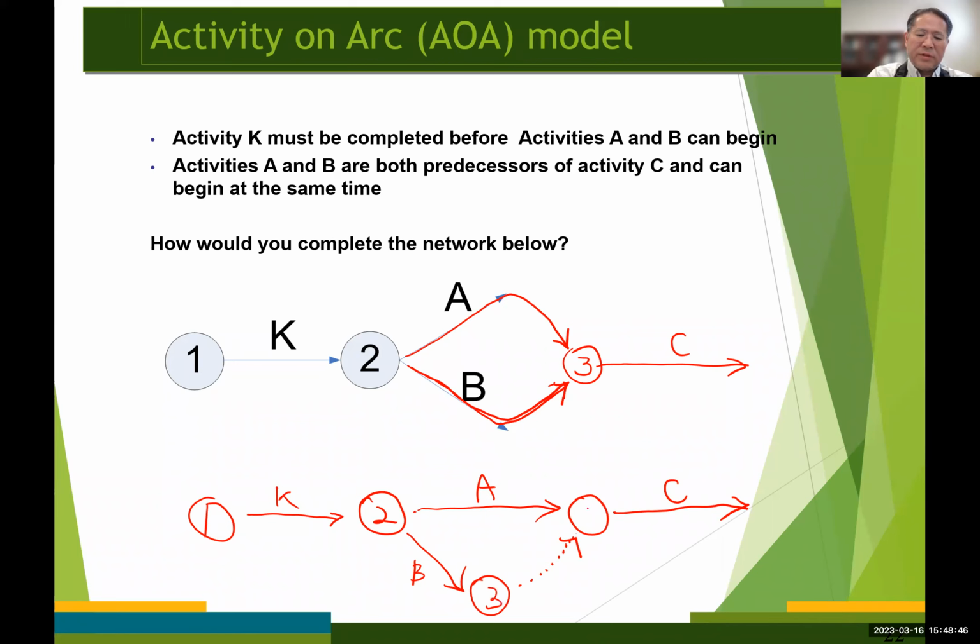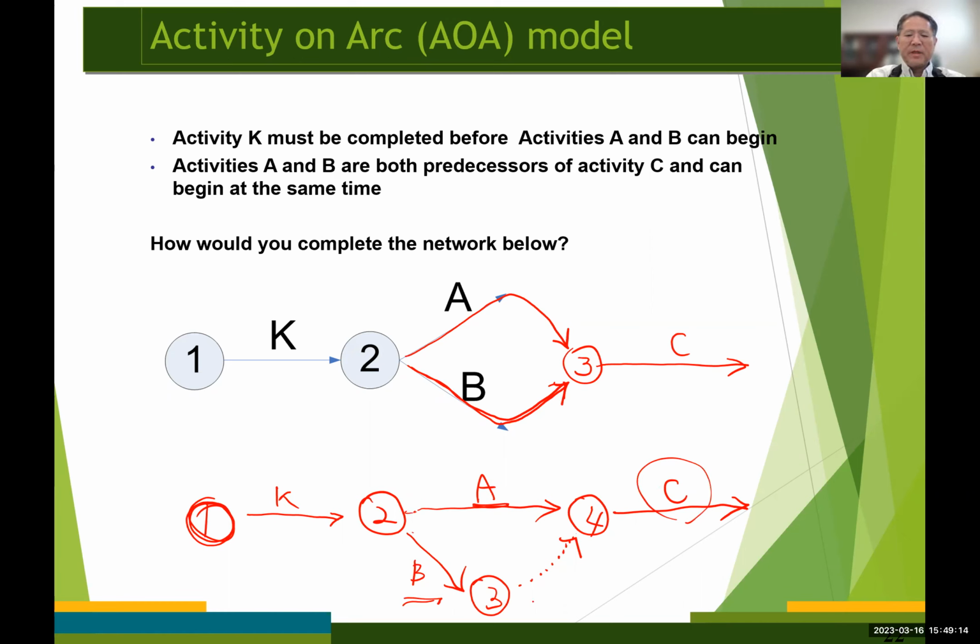This is going to be 3 and 4, for example. In that case, activity K is completed before activities A and B can begin, and activities A and B are both predecessors of activity C and begin at the same time, like this.